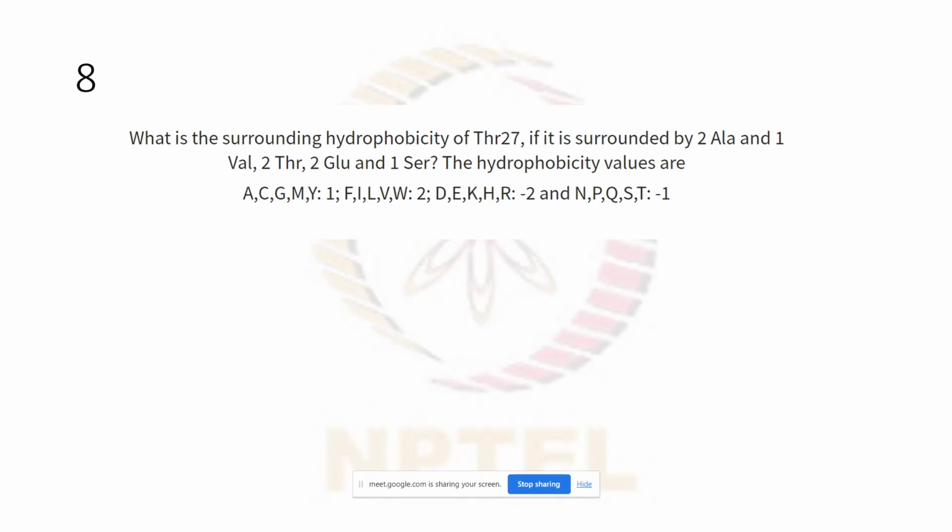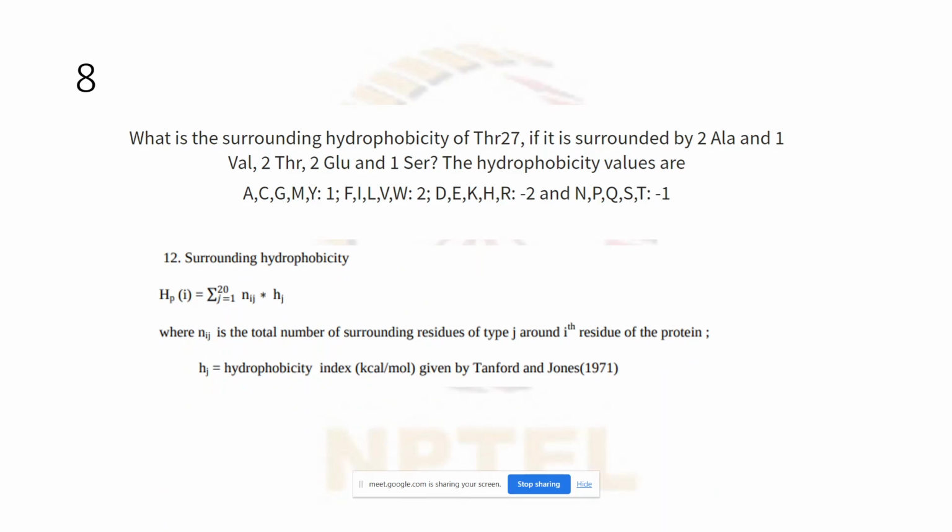The calculation, yeah, this one, right? Okay, thanks for confirming. So here the formula is the summation of the number of surrounding residues of type J times their hydrophobicity index. If I am calculating alanine, the number of alanines surrounding residue 27 is two, where HI is the hydrophobicity index for alanine, which is given as 1.